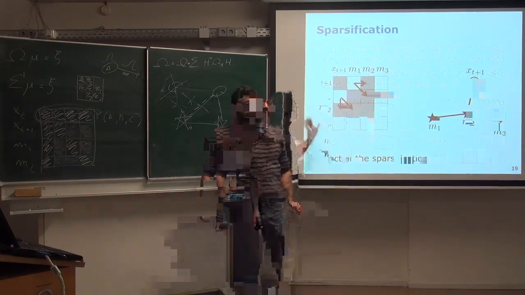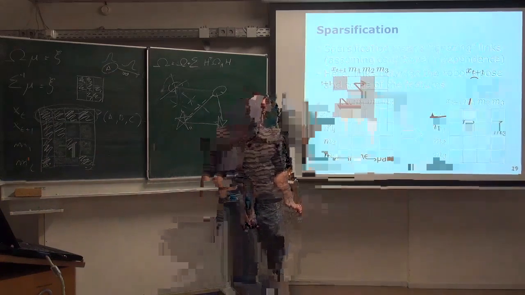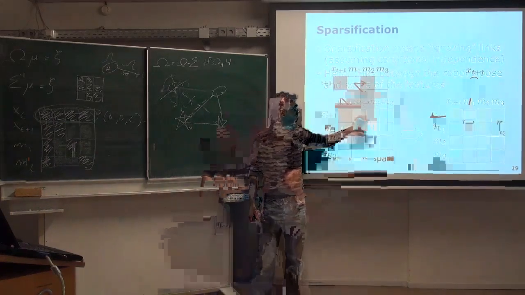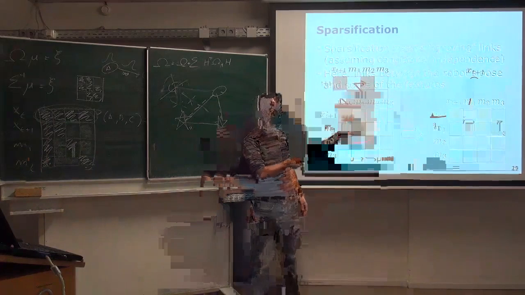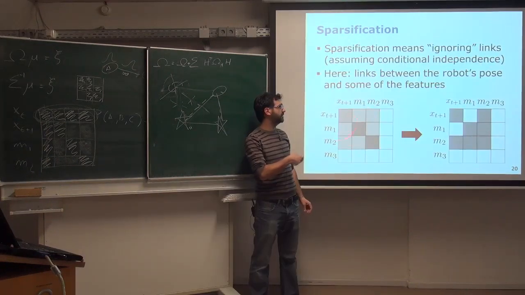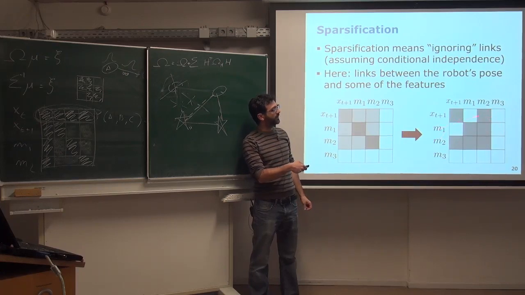So, this slide summarizes that we come from a distribution like this, where everything is connected, to a distribution like this, where we remove some connections.